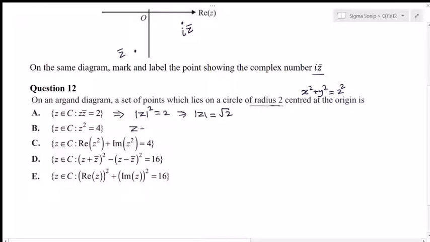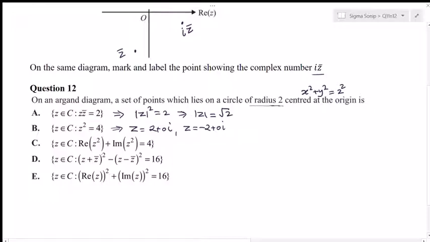These 2 complex numbers are 2 plus 0 iota and minus 2 plus 0 iota. So this set of complex numbers has only 2 points, and these points do not lie on a circle. These 2 points lie on the real axis, on either side of your origin. So this also is not a valid option.